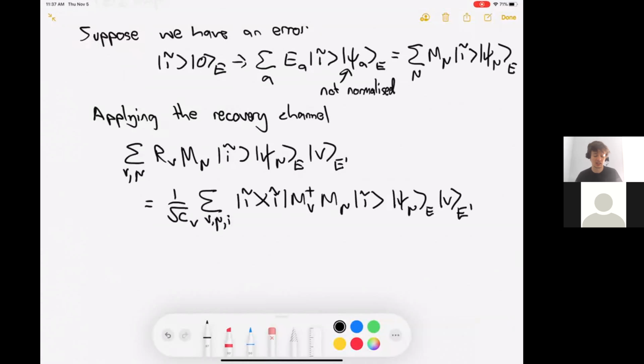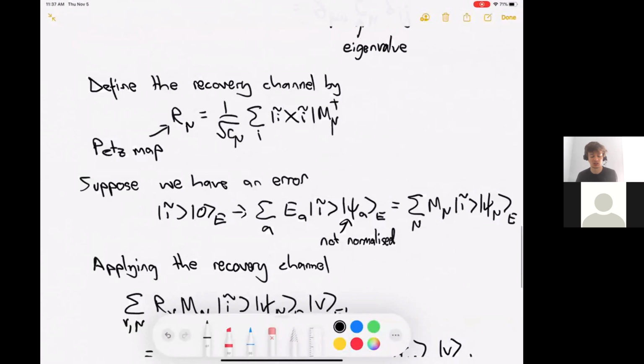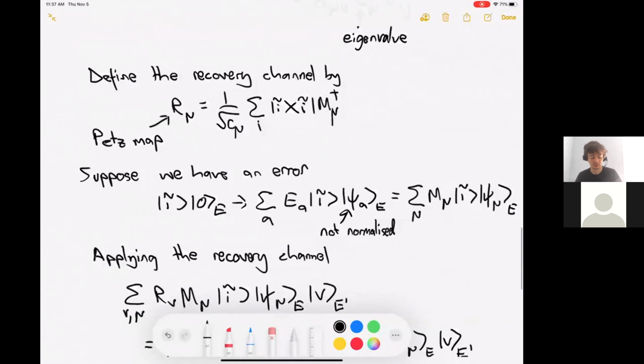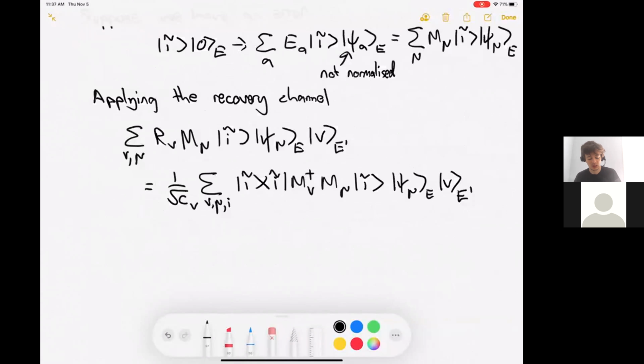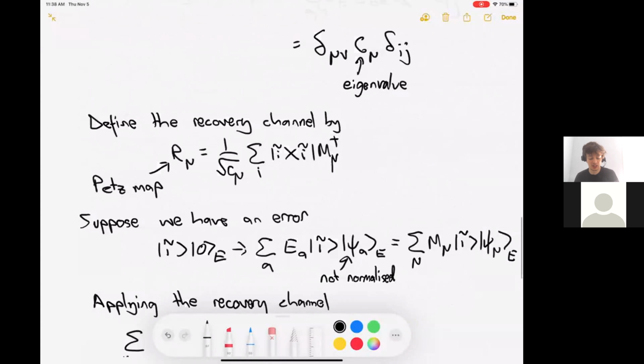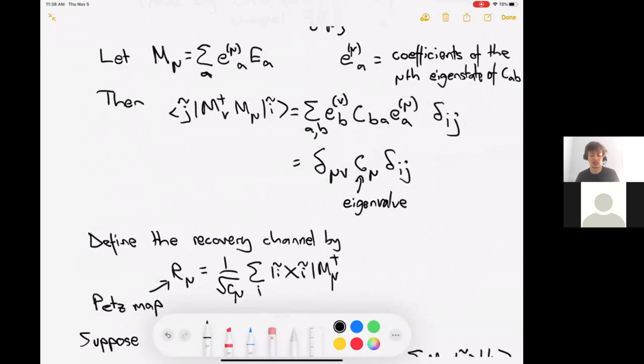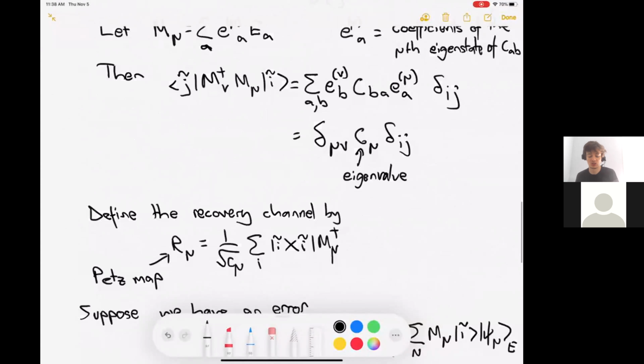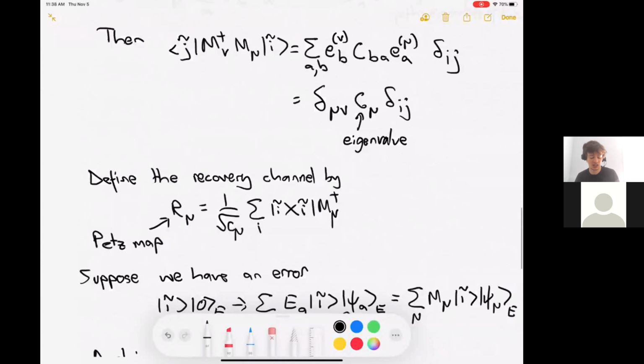Okay, this is just writing out this explicit definition of R nu that we wrote up here. And in turn, let's make this sum over J to distinguish it from I. Because we had this relationship that J tilde M nu dagger M mu I is just C mu times delta mu nu times delta ij.